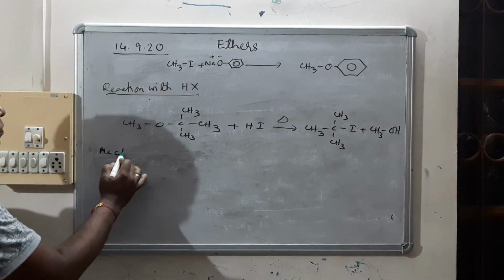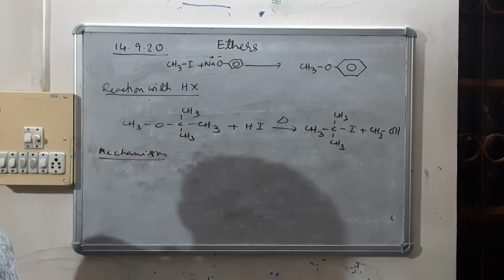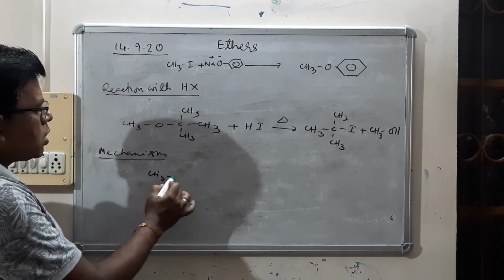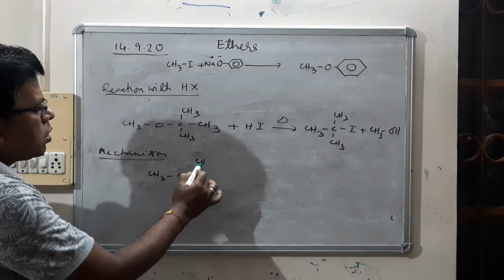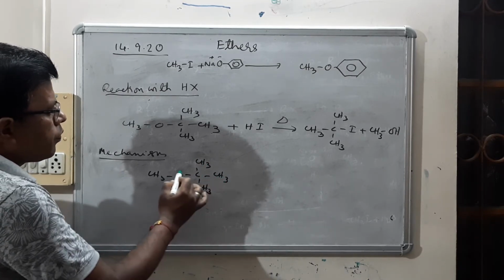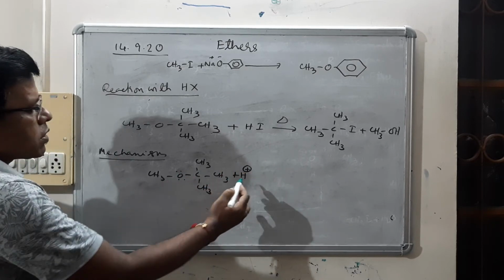So the mechanism for this reaction is once again, first step is protonation. So CH3O C(CH3)3 with its lone pair. First step is protonation.